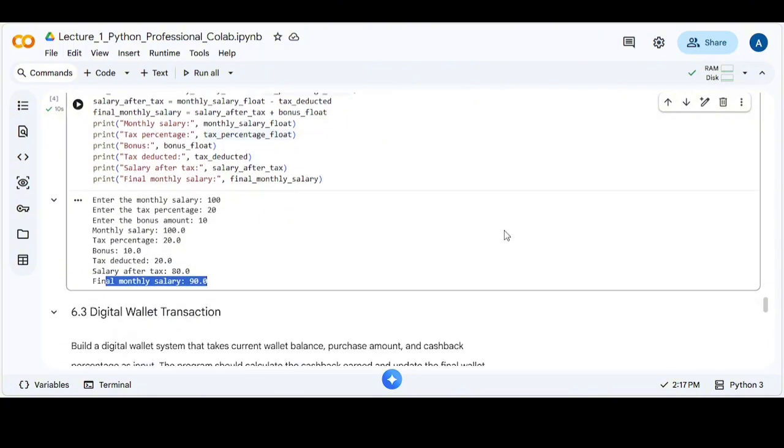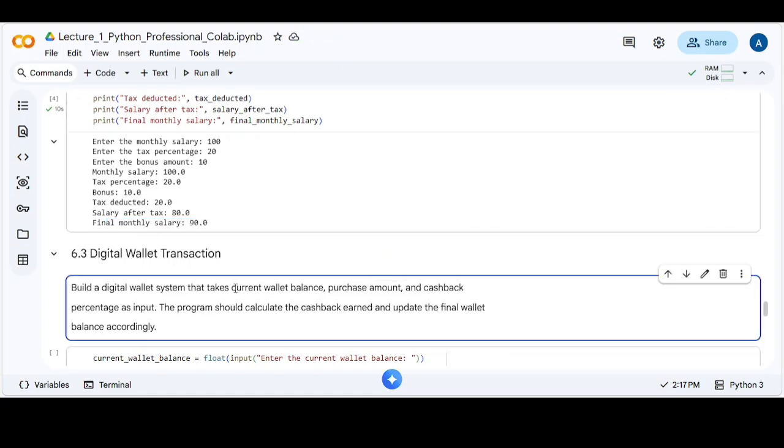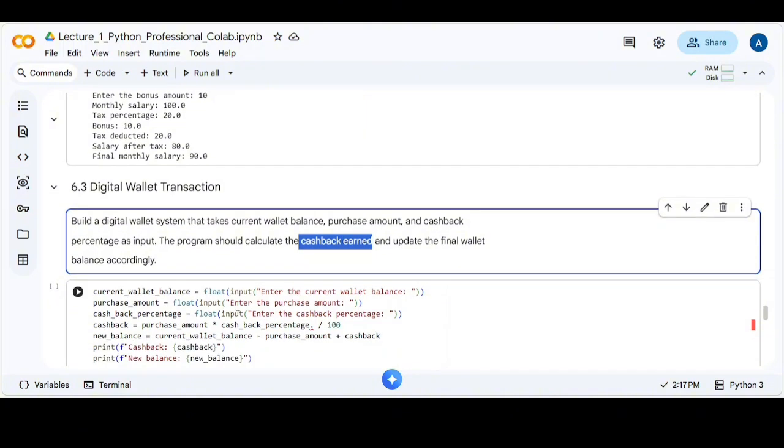Okay, we have another example, a digital wallet transaction. In this, we are taking current wallet balance, purchase amount, and cashback percentage as input. The program needs to output the cashback earned and the final balance in the wallet. The inputs we took are in float.